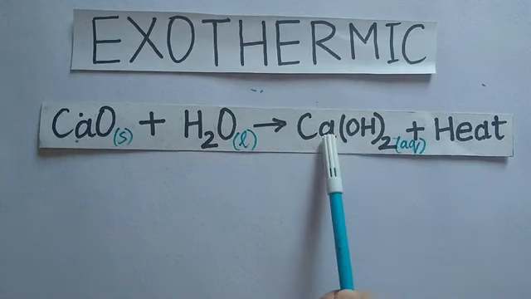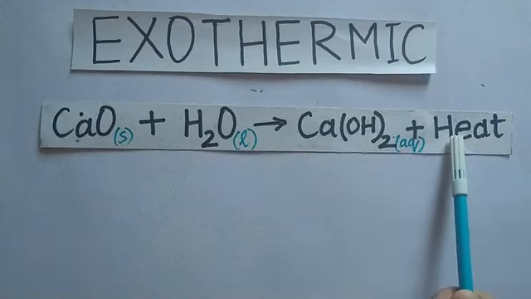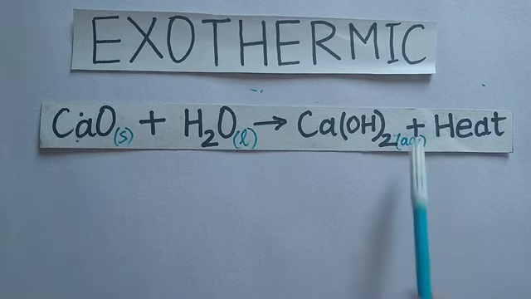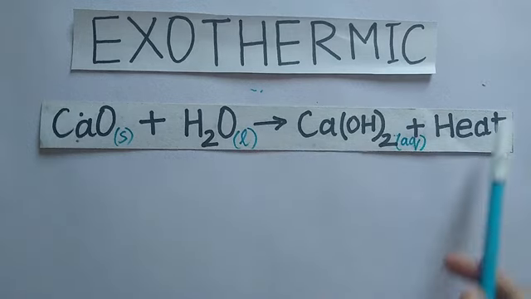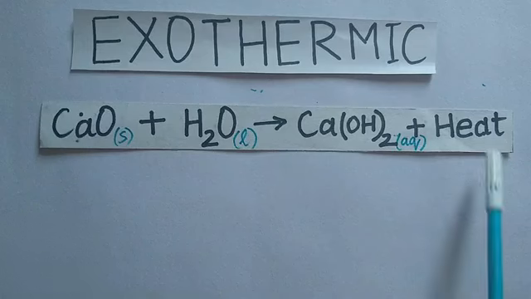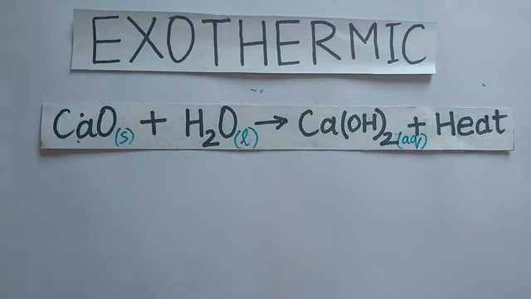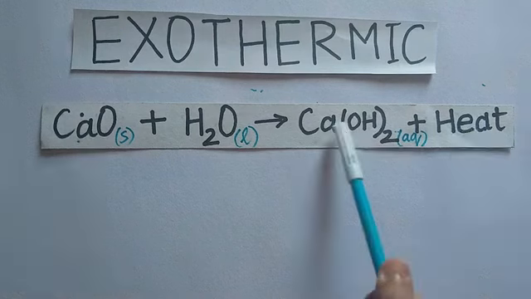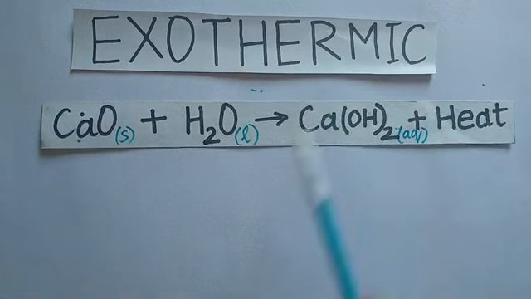And here, along with the single product, heat is also formed, because of which it is a combination reaction, plus it is also an exothermic reaction because of the heat which is given out. Heat is a part of the product side, not the reactant side. Remember that. Alright. Now, because of this heat, this compound that is formed will be a little warm.